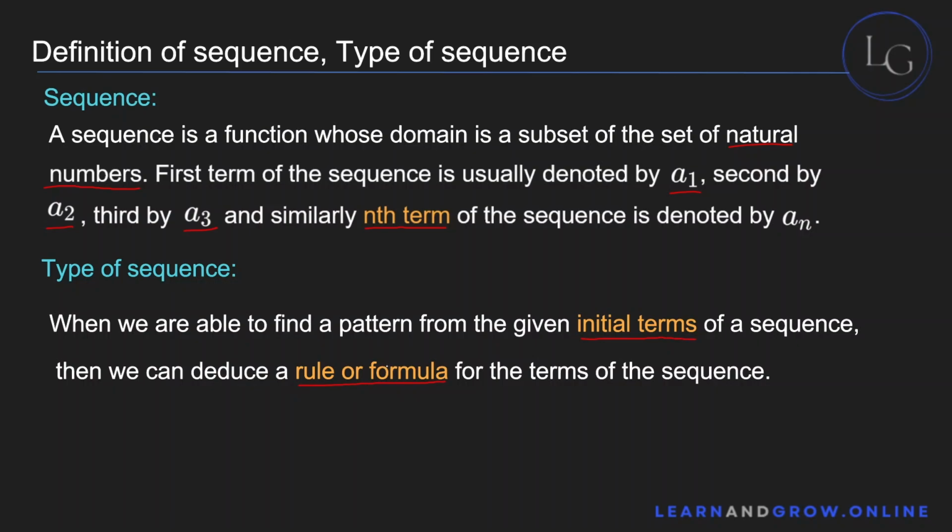So basically, if you have a sequence of numbers, they will have a pattern, and from that pattern, you can deduce the formula in which, when you plug in a value, for example 6 into the n in the formula, it will give you the sixth term. So that's the basic overview of what a sequence is and what the type of a sequence is, and we'll get into further details later.